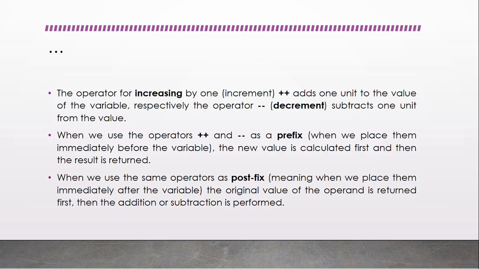When we use increment and decrement as prefix, the new value is calculated first and then the result is returned. If it is postfix, the original value of the operand is returned first, then the addition or subtraction is performed next.